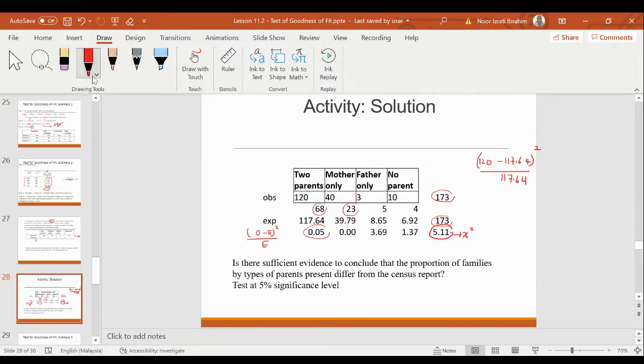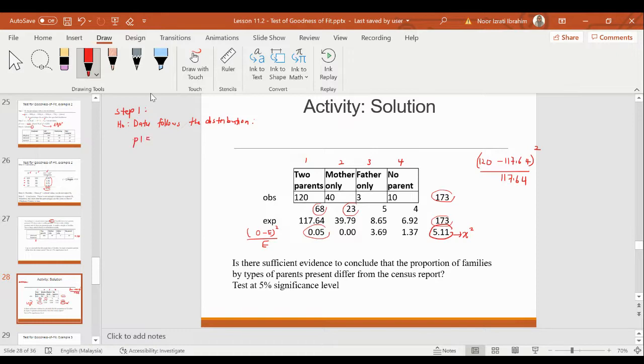All right, so step 1, to write down the hypothesis and the claim. Step 1 will be H null: data follow the distribution of the parents' probabilities. Let's say this is category 1, category 2, 3 and 4.